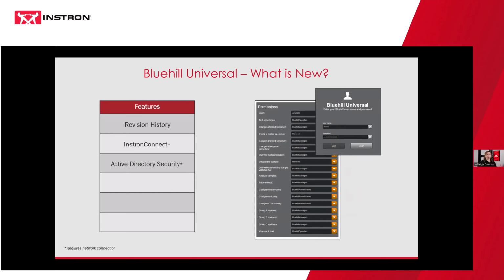With Active Directory security, we now allow for network-based security permissions. So this is based on your user network permissions at your company. And again, this is going to be something that's going to be set up and run by your IT groups. So your user permissions are determined by what group you're a part of at your company, rather than individually set within the software itself.